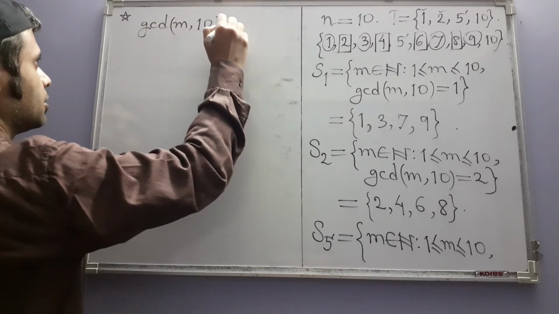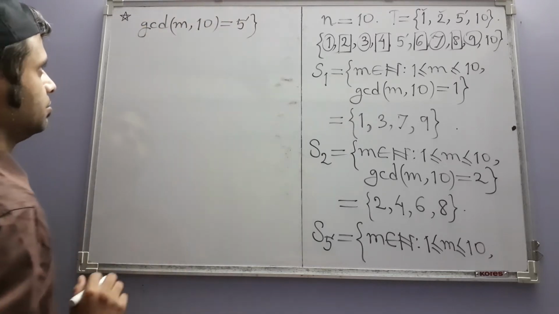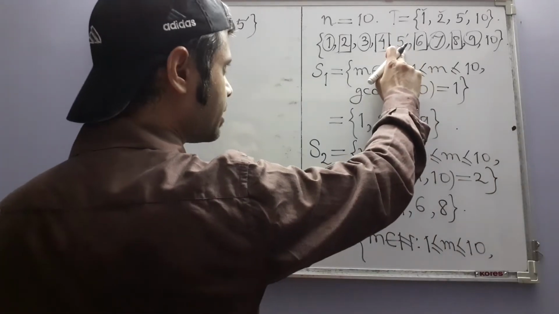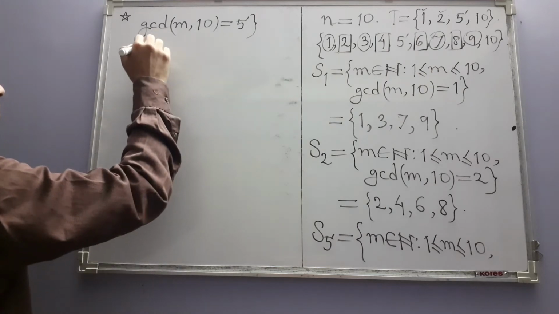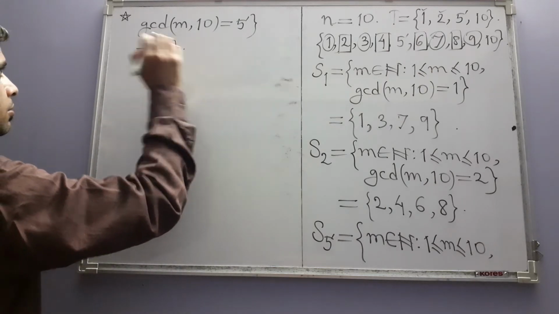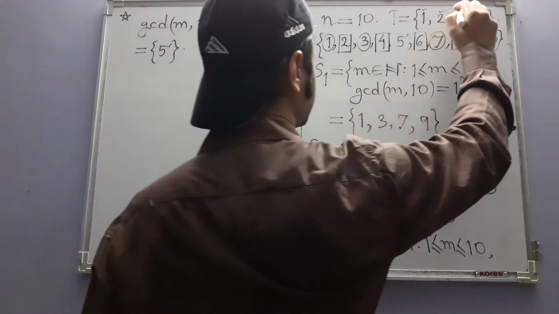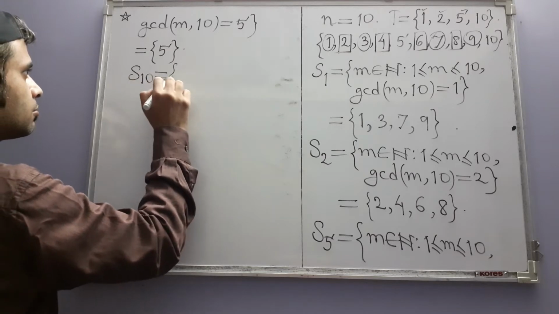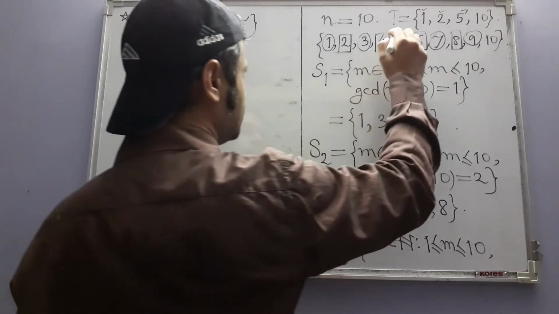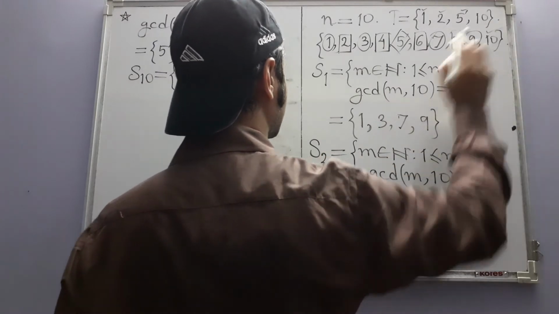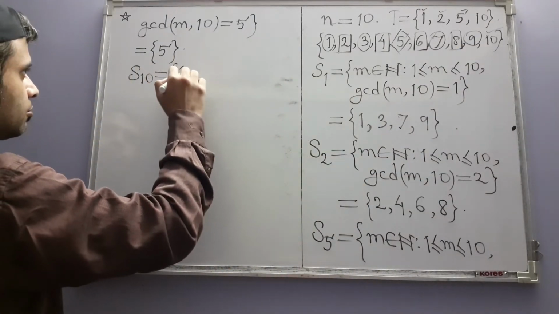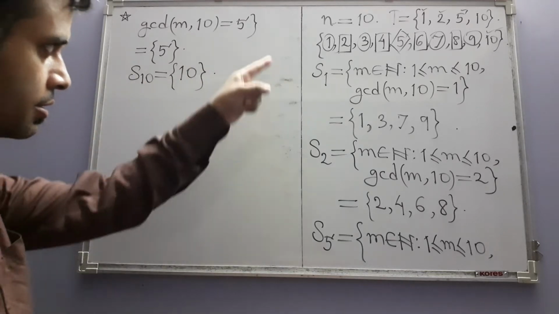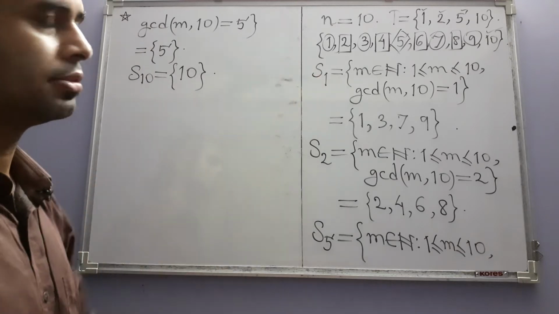Next, we are looking at this type of M, and this is going to be what? 5 is an option, and that's just it. And there is only one more, S10. S10 is just 10 itself, so you can see that these sets actually partition this set.